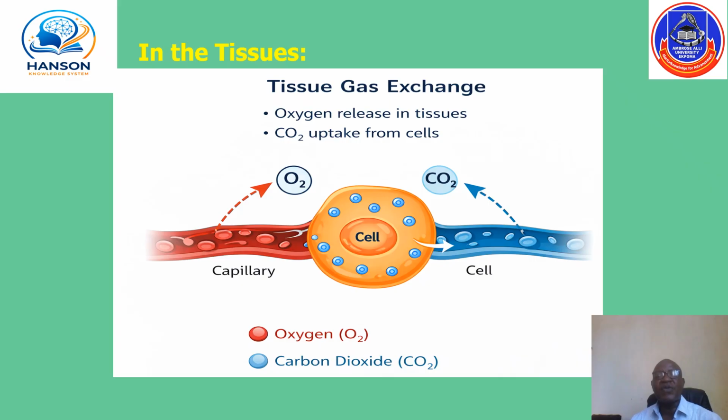In the tissues, the diagram before you is also illustrating gas exchange, showing how oxygen is delivered to the body cells and how carbon dioxide is removed. Blood flowing through the capillaries arrives rich in oxygen.